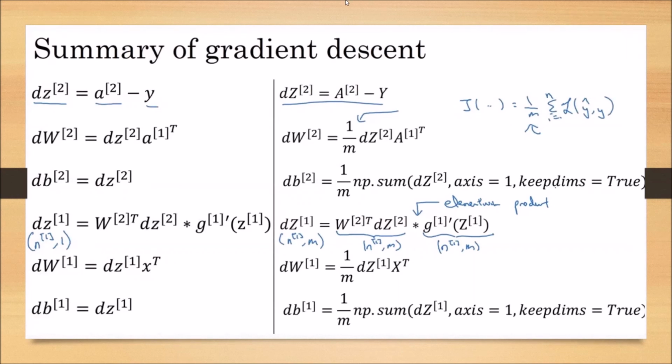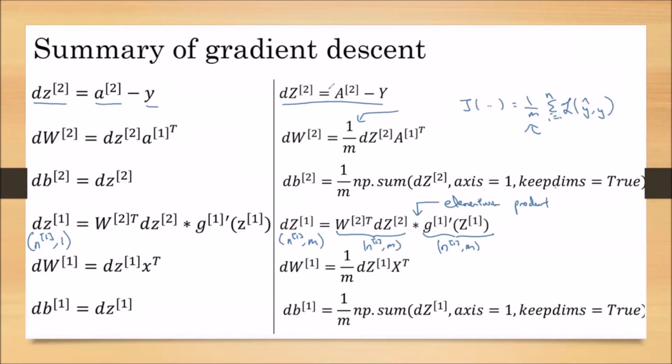Now, by using the forward propagation code, we are finding the final activation output, or the predicted output. By using the back propagation, we are finding how the parameters W1 and W2 change with respect to the cost function.